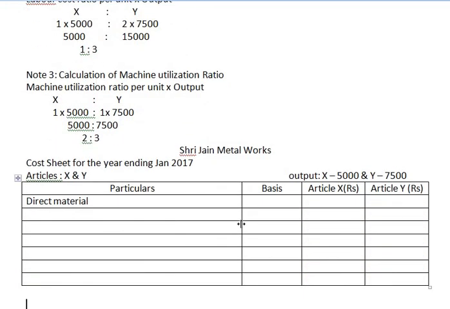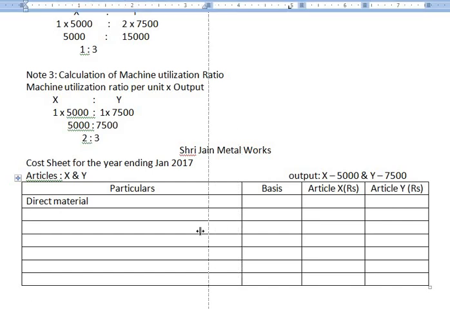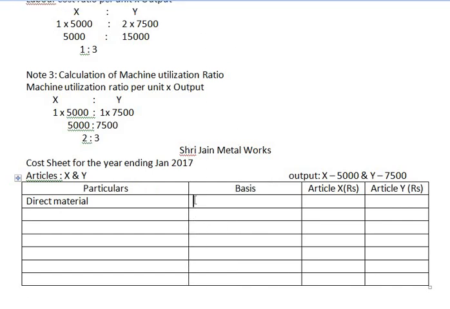So in the basis column you can write material cost ratio, and in bracket you can write the ratio, that is 1:1. Now the total amount for material is 20 lakhs, so you have to divide it in this ratio. So it is 10 lakh and 10 lakh. Hope everybody is understanding.